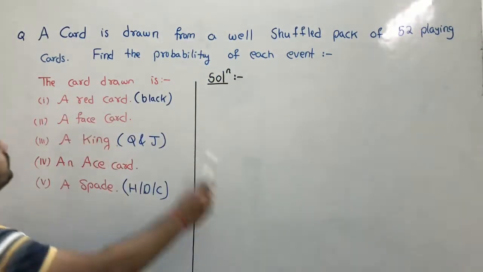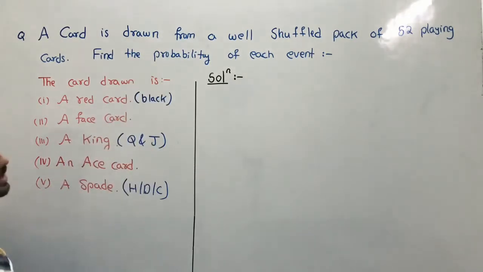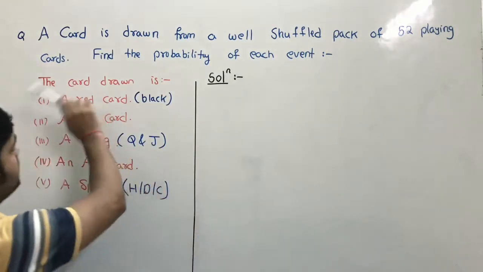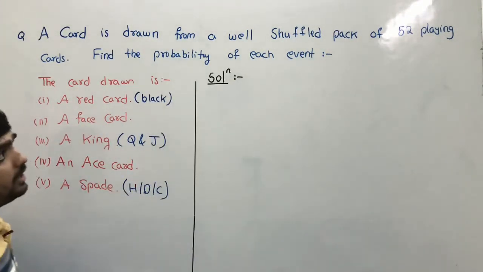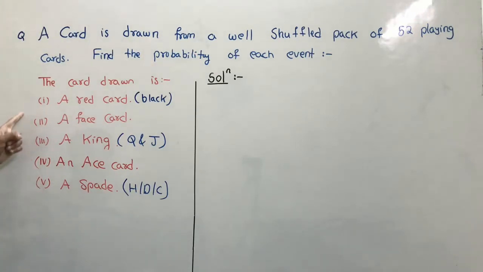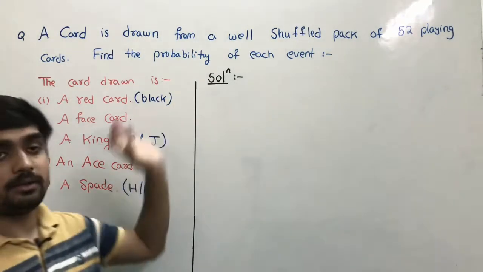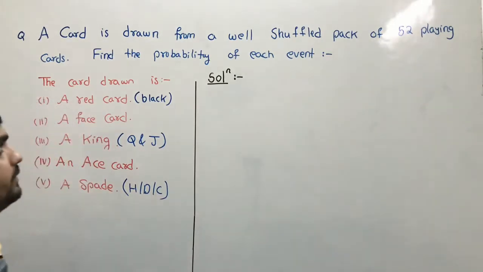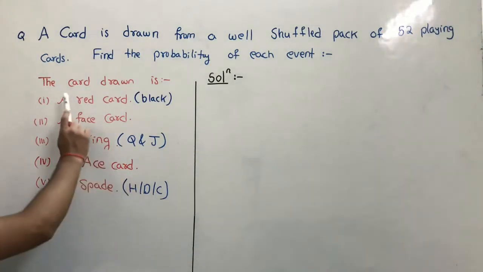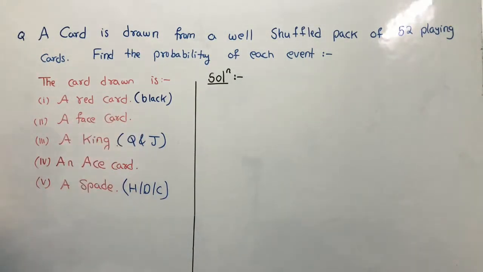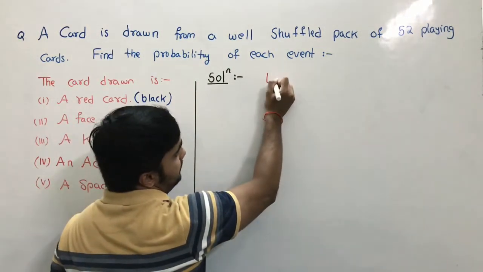A card is drawn from a well shuffled pack of 52 playing cards. Find the probability of each event. They have given us different events and we have to find the probability of each event. Our first event is the card drawn is a red card. Let S be the sample space.